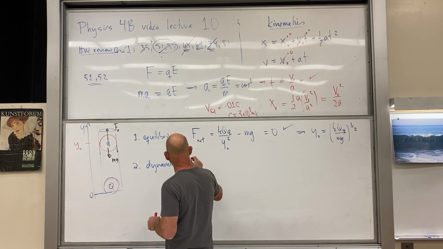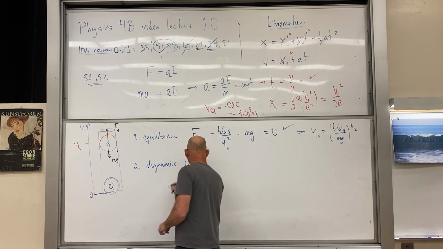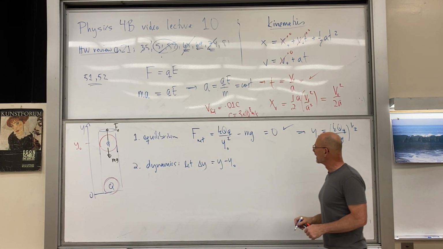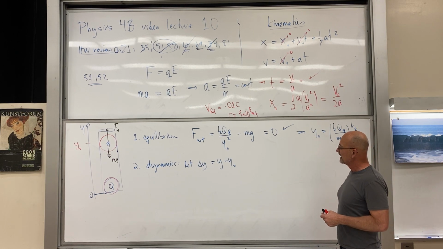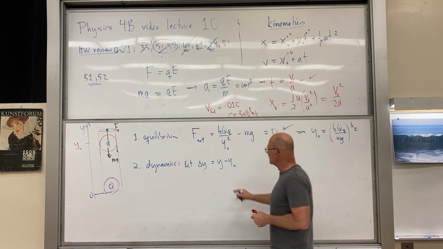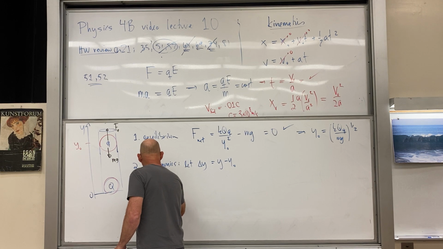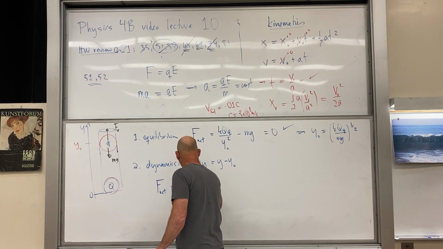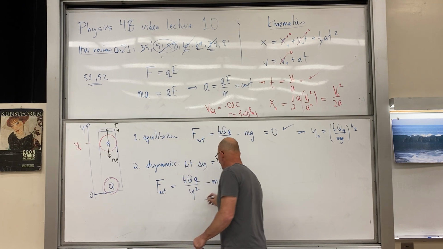So for the dynamics, we're going to let delta y be equal to y minus y sub 0, which we already found. And we're going to write this differential equation. First we're going to write F net equal to kQq over y squared minus mg.